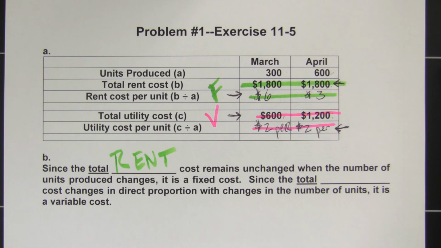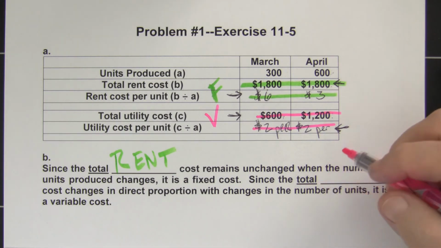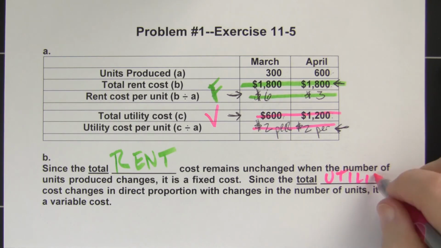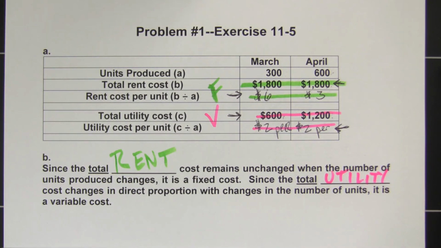Since the total utility changes in direct proportion with changes to the number of units, it is a variable cost. So like most of the problems I've presented you with this semester, the hard part is wading through the accounting babble, certainly not the math.